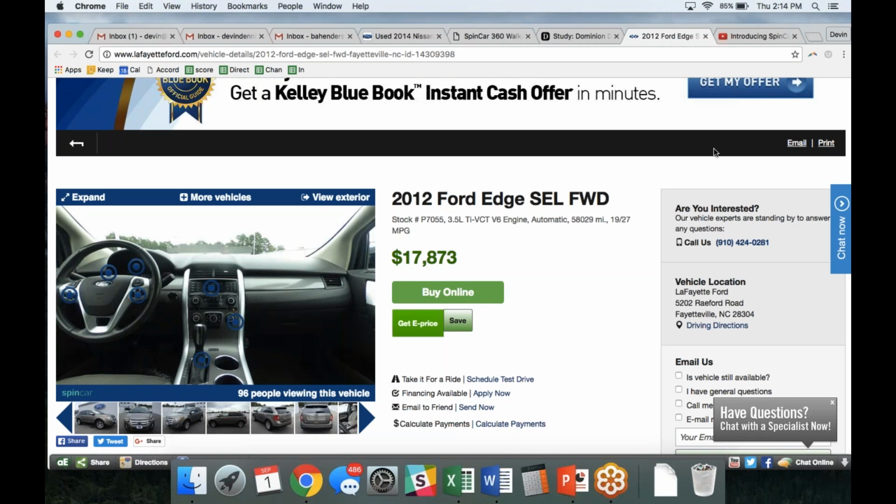Most track one or two main KPIs in their BDC department or their internet department. They'll track total lead submissions and maybe conversion rate. But again, I think it's important to get as granular as you can, because you understand a lot more.